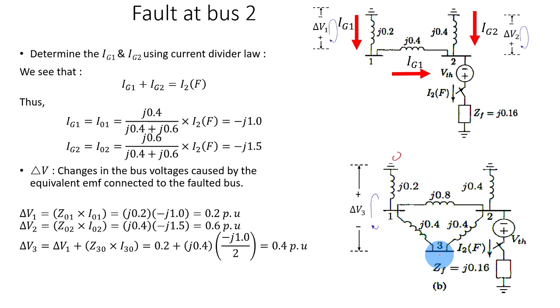To find the voltage drop from ground to bus number 3, you have to travel through two impedances: from ground to bus number 1, and then from bus number 1 to bus number 3. The current has to flow through these two impedances, and then we can find the voltage drop between ground and bus number 3. Similarly, if you have a voltage source and a resistance here, and a resistance here, right?